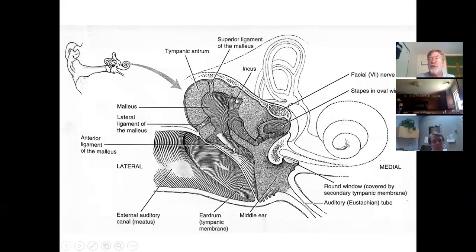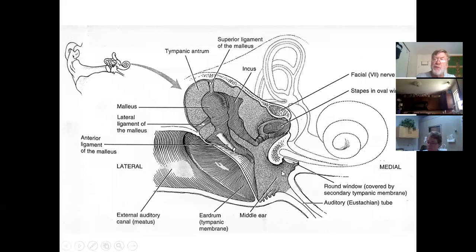The incus with its short process, long process. And then the stapes with its neck, its two crura, and then the foot plate of the stapes, which is embedded in what is called the oval window. And the oval window is right here. This is the gateway to the inner ear, the oval window.